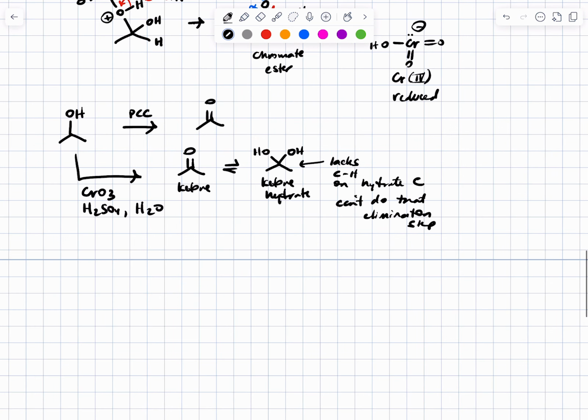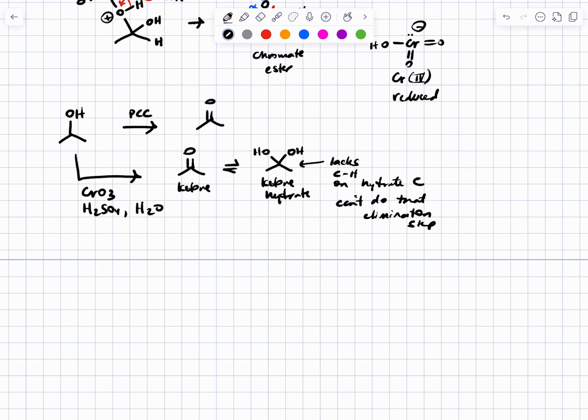So for secondary alcohols, you don't need to be careful. You can use either PCC or the Jones oxidation, doesn't matter which, either of them will work to give you the ketone. For primary alcohols, you do need to be careful. If you want the aldehyde, you use PCC. If you want the carboxylic acid, you use the Jones oxidation.